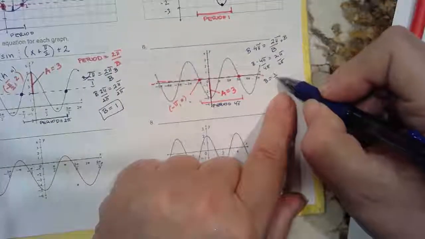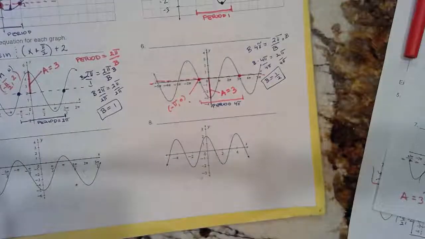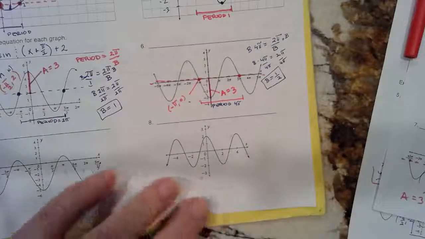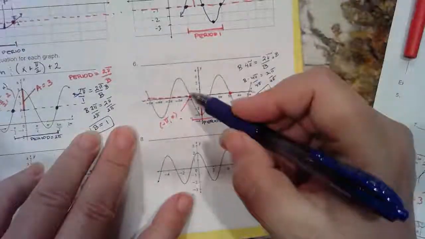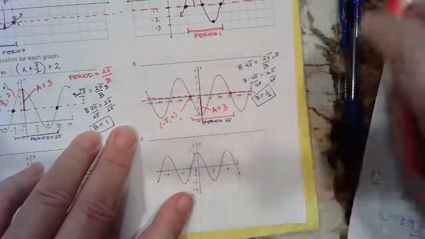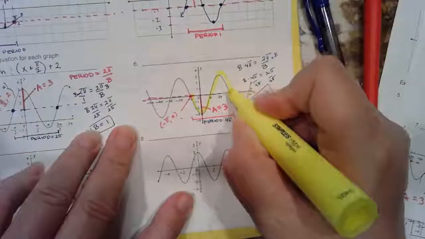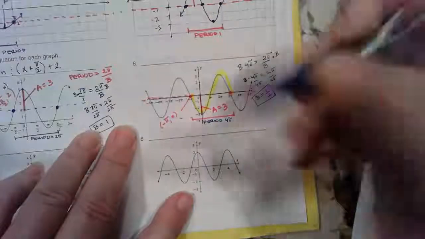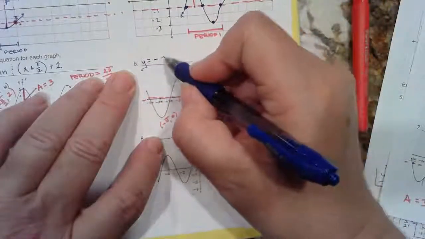So B is equal to 1/2. So now that I have B, I'm going to put it all together. And so y is equal to, now I also have to pay attention because I'm going to go down, up, and up. So that means A is going to be negative. So I'm going to write y is equal to negative 3.